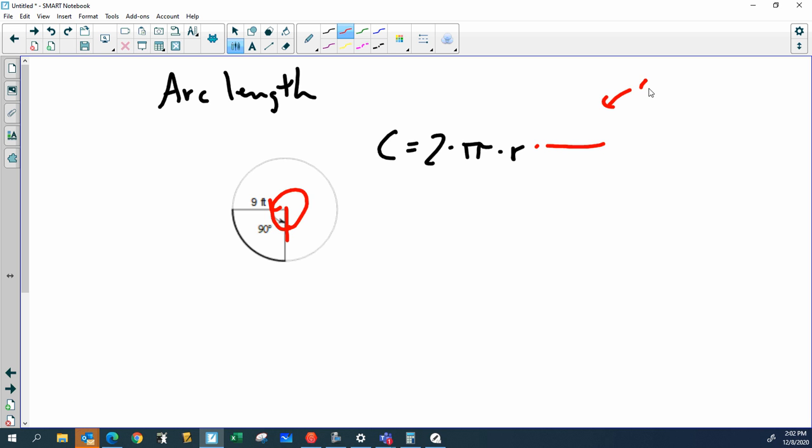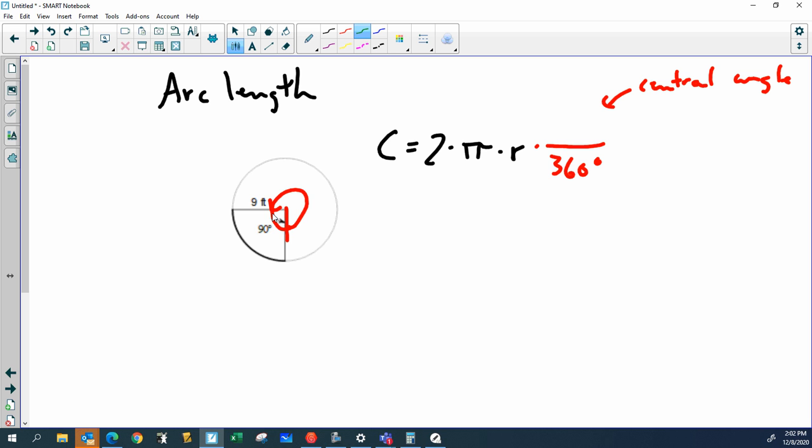The central angle is going to go up here, and 360 degrees is going to go in our denominator. So we're going to divide the circumference by 360 degrees, and multiply it by however many degrees of rotation we want to get through for that central angle.